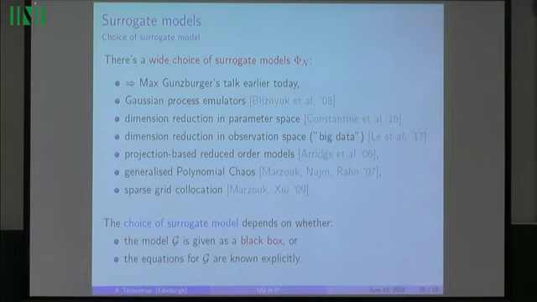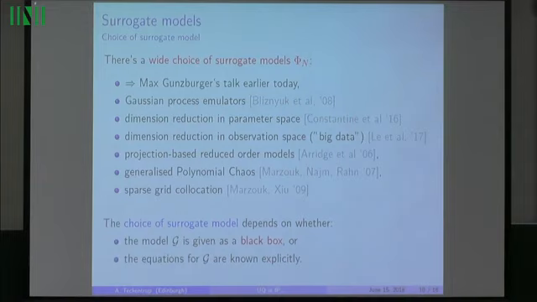But for example, things like Gaussian process emulators, dimension reduction, reduced order models, those methods mostly still work fine. Whereas methods like generalized polynomial chaos and sparse grid collocation from the applied mathematics community, they do make more use of the explicit equations that you have for G, so you would have to know exactly what the PDE is that you're solving.